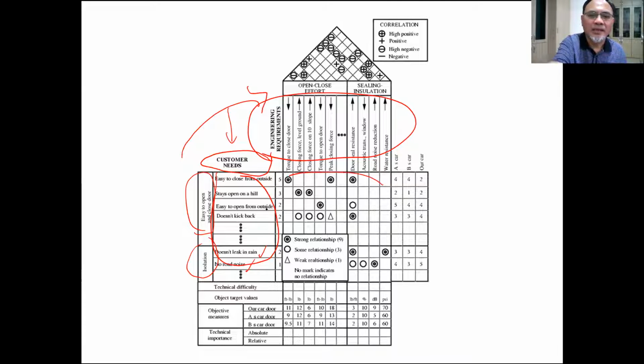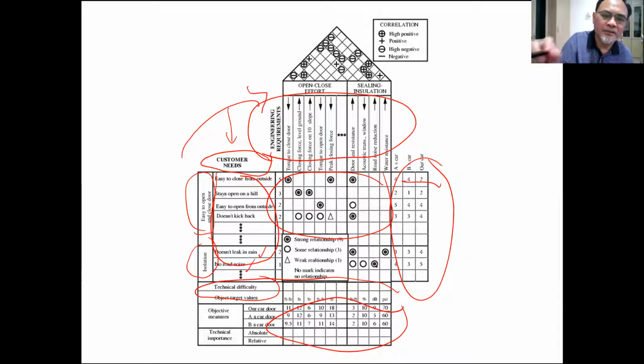And we have these relationships. Then there is comparison with competitors and the technical difficulty of achieving the technical requirements, and what your objectives are, meaning the organization's products compared to competitors. So you do this during the design stage.